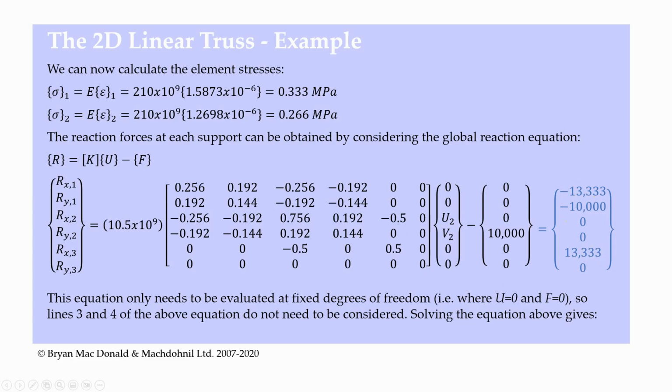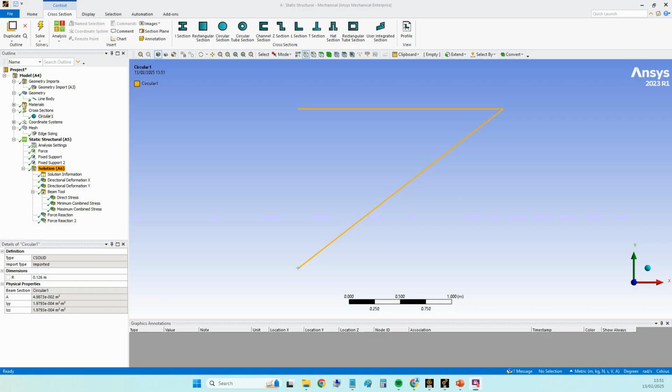Okay, so the next thing we're going to do is jump over to ANSYS Workbench and take a look at this same example as it's done in ANSYS Workbench. I've recreated the problem in ANSYS Workbench. It's exactly the same dimensions, same material properties. I essentially have 3 nodes here, and I've got the trusses joining those 3 points.